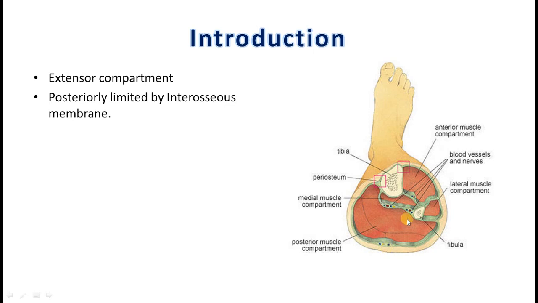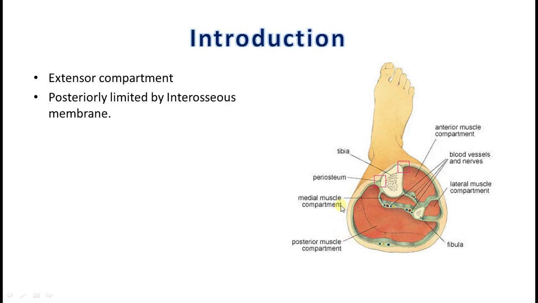Now this deep fascia sends processes which get attached as intermuscular septa. You are able to see the anterior intermuscular septum and the posterior intermuscular septum.